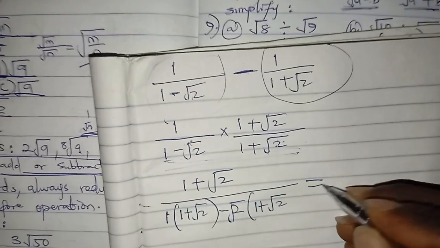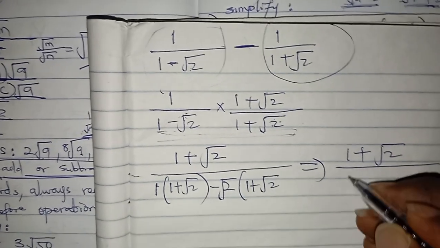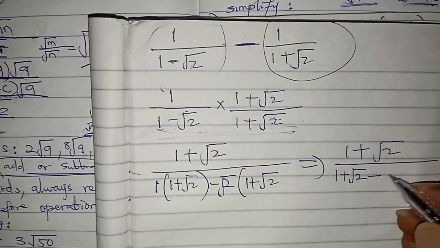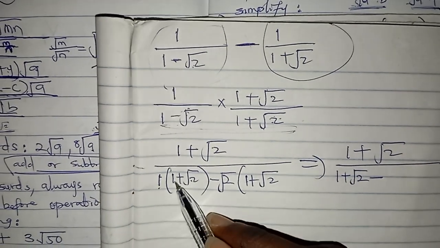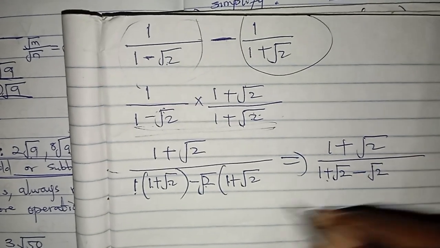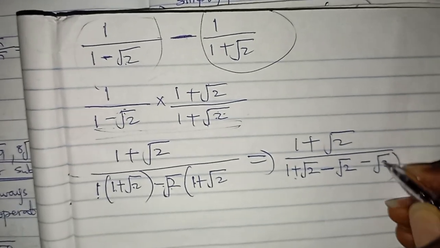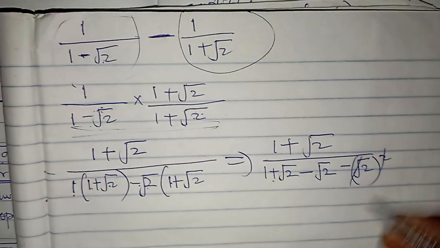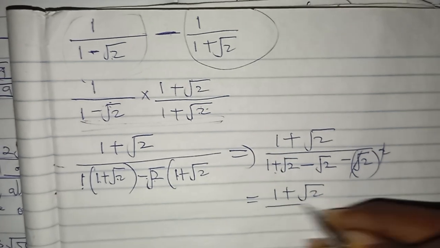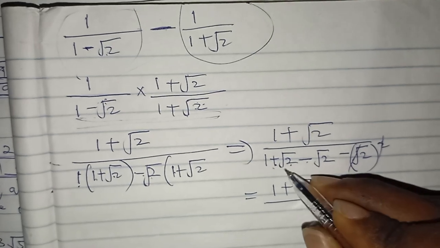Now notice that this is going to be 1 plus root 2 all over 1, minus root 2 times 1 is minus root 2, then minus root 2 times root 2 will simply give me minus root 2 squared. And plus root 2 and minus root 2 will become 0.